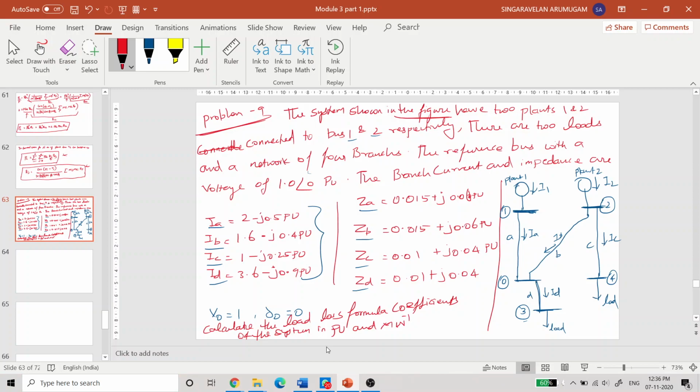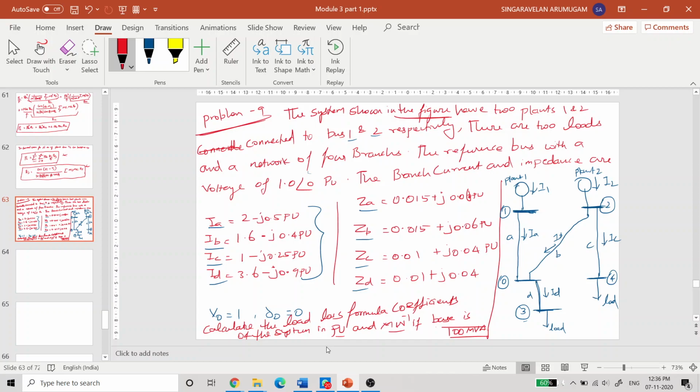So in both cases we need to find out per unit and also megawatt inverse. The base is given, base is 100 megawatt ampere. From this base we need to convert to per unit as well as megawatt inverse. So in both cases we need to find out the loss formula coefficients.